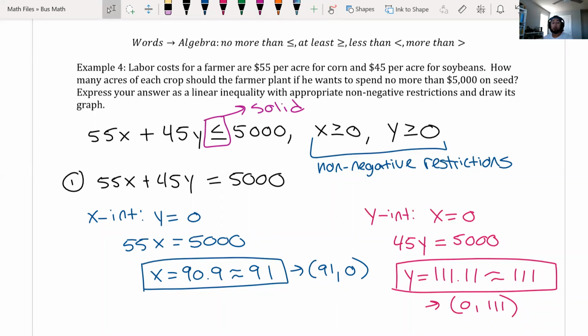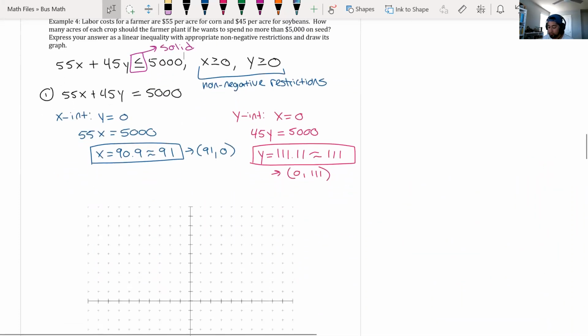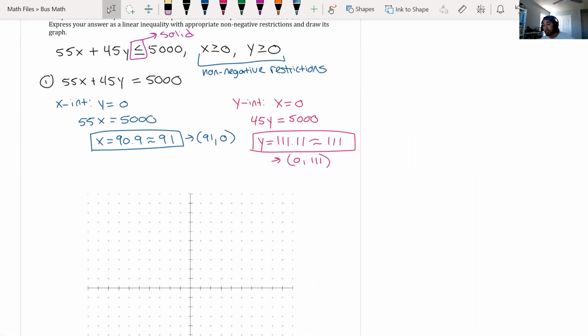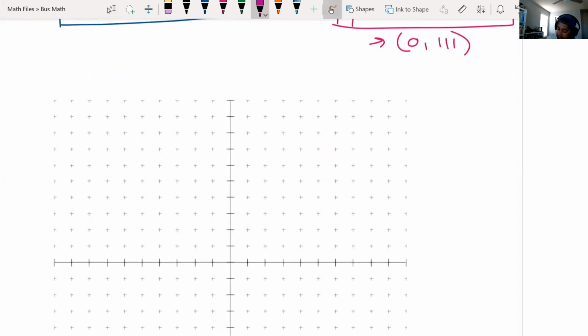Okay. We're ready to graph because we already know what these non-negative restrictions are going to give us. It's going to give us a vertical line and a horizontal line. But we have to make our intervals appropriate. Since X is 90, and Y is 111, let's see what we can do here. I think on the X-axis, I can just go by tens.